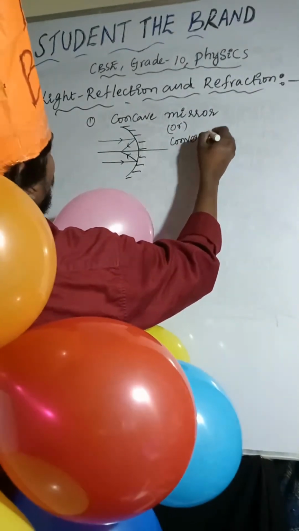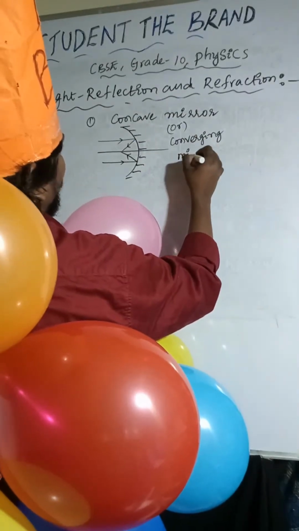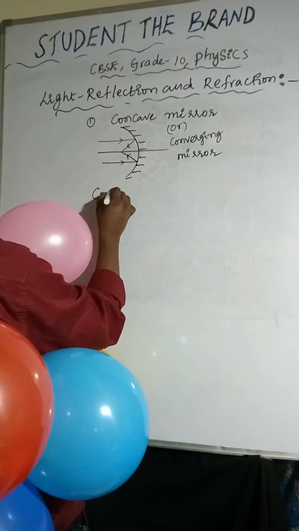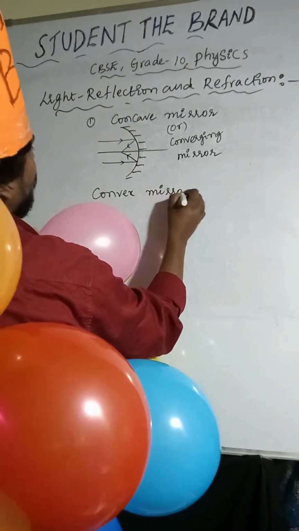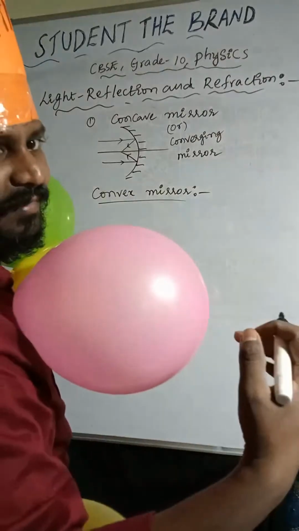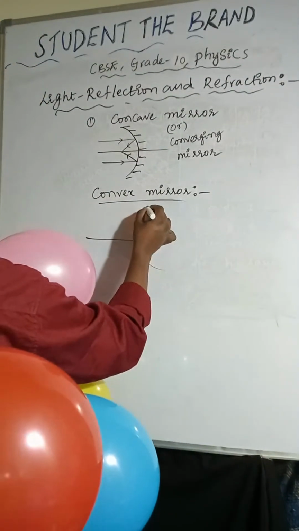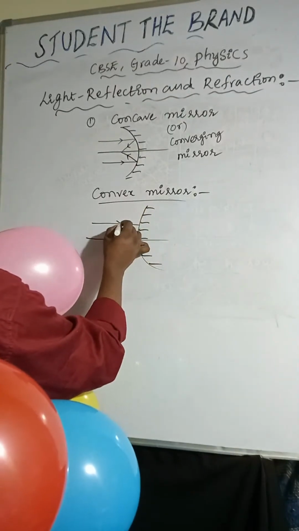Concave mirror is also known as converging mirror, whereas convex mirror is known as diverging mirror. So why is convex mirror known as diverging mirror? Here light rays are incident on it.